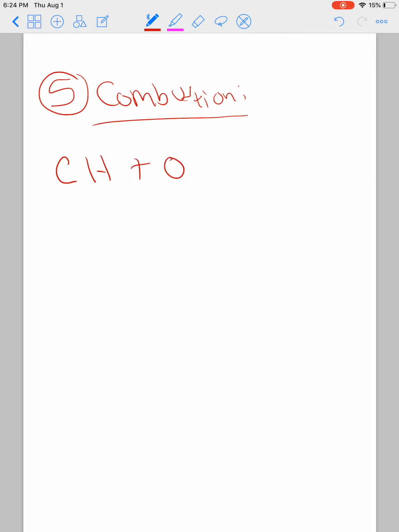And our fifth and final reaction is combustion. And remember, a combustion reaction is when a hydrocarbon, so when a carbon reacts with hydrogen, okay, a hydrocarbon reacts with oxygen gas, which is O2, and your products are always going to be the same, CO2 and H2O.